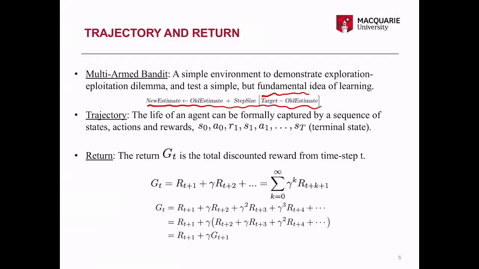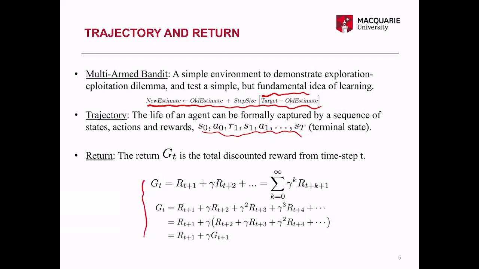You remember the trajectory in the life of an agent. We can capture that with a sequence of states, actions, and rewards. And when we write that as a sequence, it looks like this. It's very important to have this notion because we use that to calculate our returns, which are very important in updating our agent.